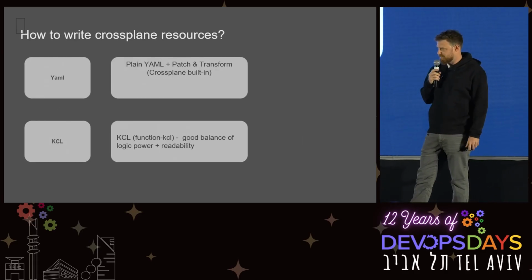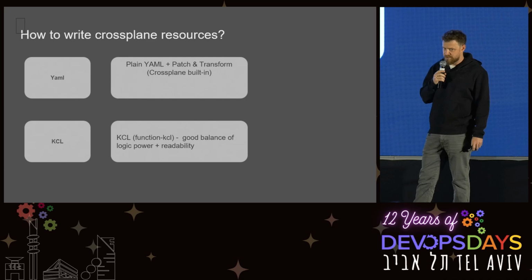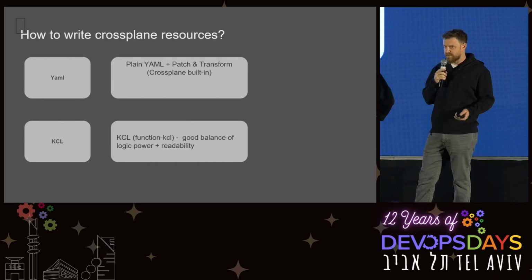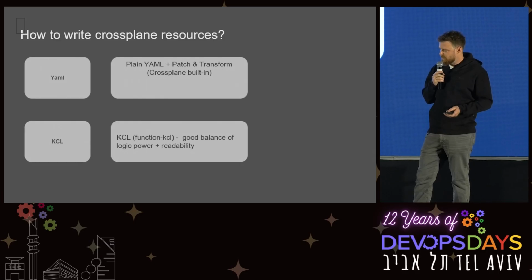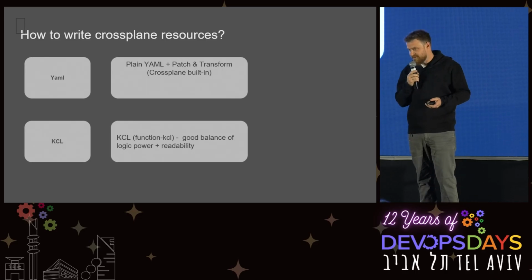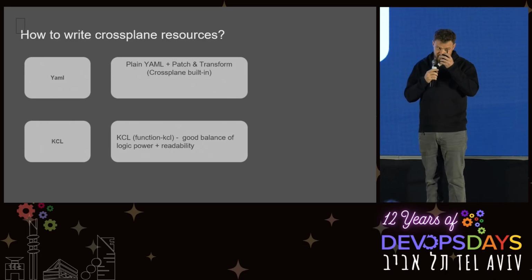Crossplane, basically, is a YAML configuration eventually. They have simple solutions like patch and transform. We started with that, but very fast we figured out that it's missing a lot of the capabilities we need. It was super hard. So we switched to KCL, which is basically a new language.